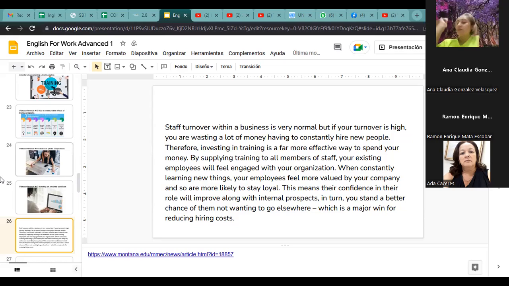Okay, I have some mistakes, but I think it's because I heard another word that is similar. For example, in hire, I wrote it in present, not in past. And for example, when you said "this means," I heard "they are confidence," not "their confidence."